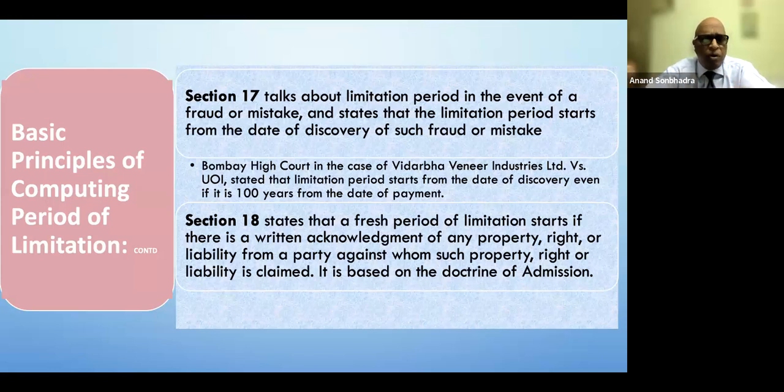There are a whole lot of arguments around it, but now it's more or less established. It states that a fresh period of limitation starts if there is a written acknowledgement of any property, right, or liability from a party against whom such property, right, or liability is claimed. It is based on the doctrine of admission.